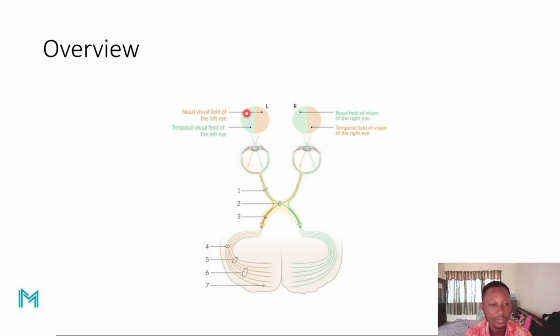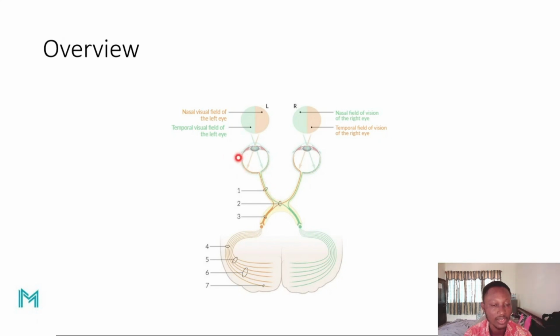And then light rays that are coming from the temporal visual field of the left eye are perceived by visual receptors that are located in the nasal part of the retina, just like that. And same thing applies on the right eye. Now this is important because the configuration of these fibers follows the same pattern.